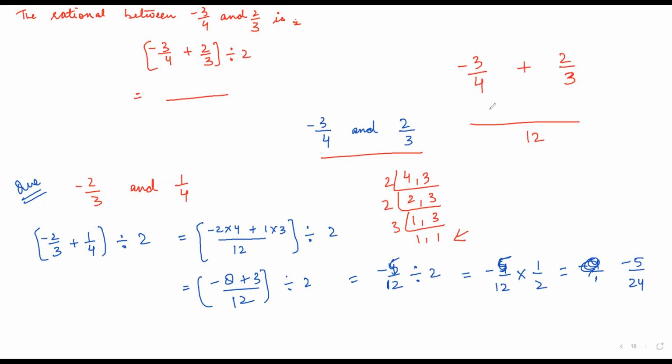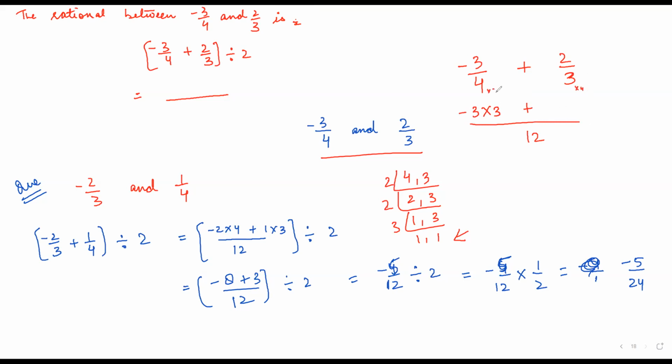Now we know that 4 into 3 is 12, so 3 times it is going. That 3 will be multiplied with the numerator. So minus 3 into 3, plus. Now we know that 3 into 4 is 12, so 4 times it will go.